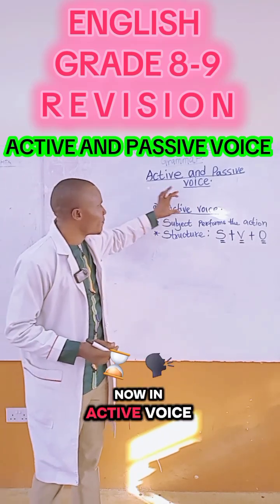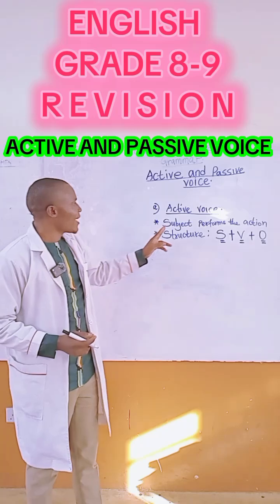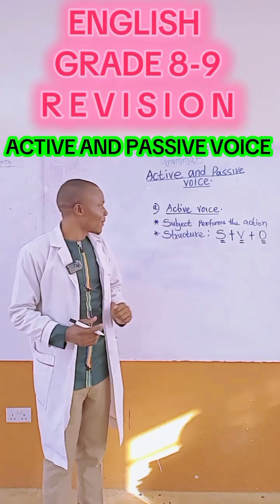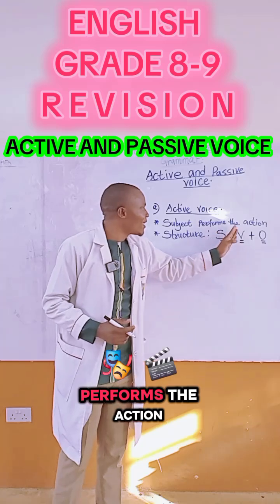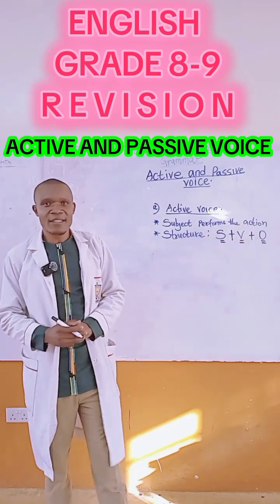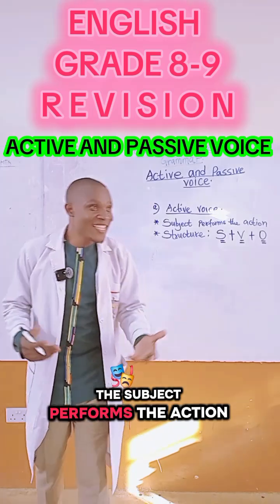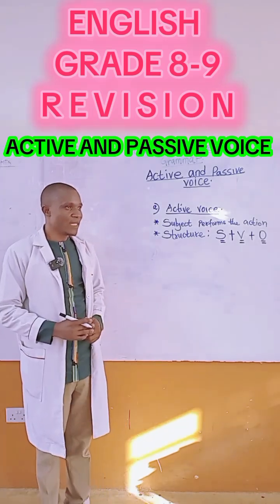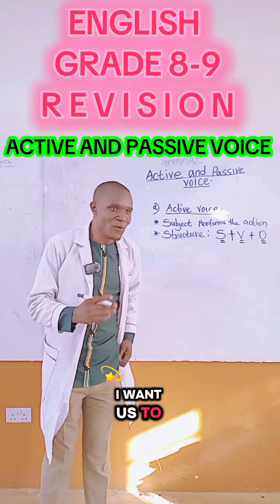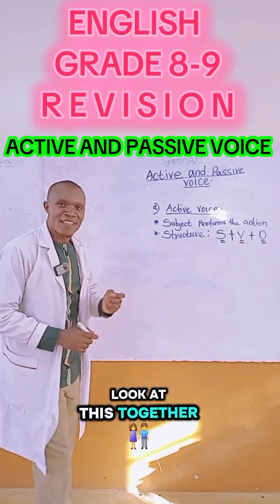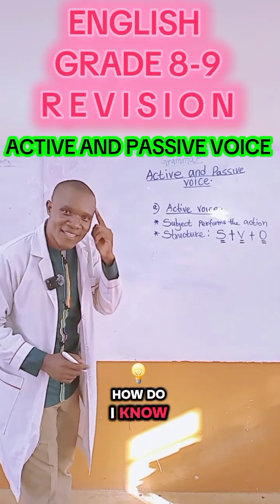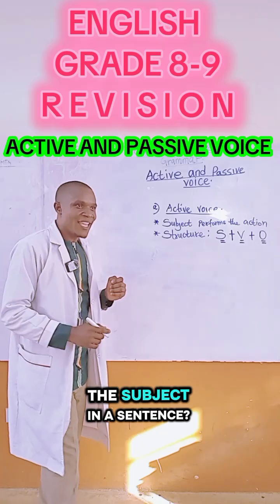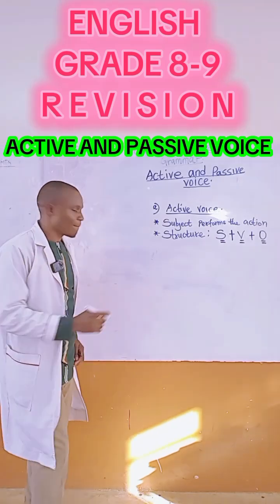Now, in active voice, the subject performs the action. The subject performs the action. I want us to look at this together. How do I know the subject in a sentence?